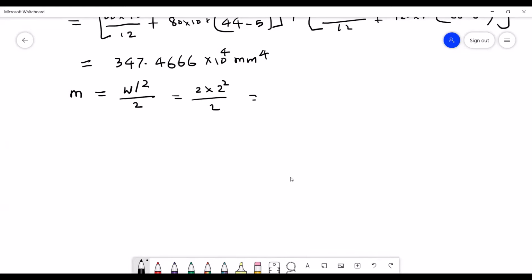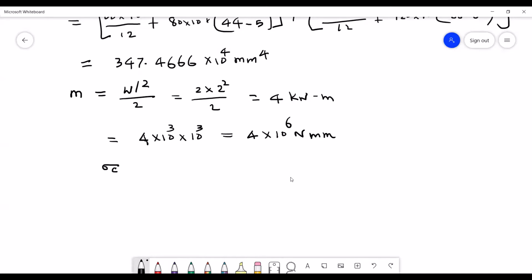So we are getting 4 kilonewton meter. You have to convert kilonewton meter into Newton millimeter. Kilonewton converts by multiplying with 10 raised to 3, and meter converts into millimeter by 10 raised to 3. So we will get 4 into 10 raised to 6 Newton millimeter.